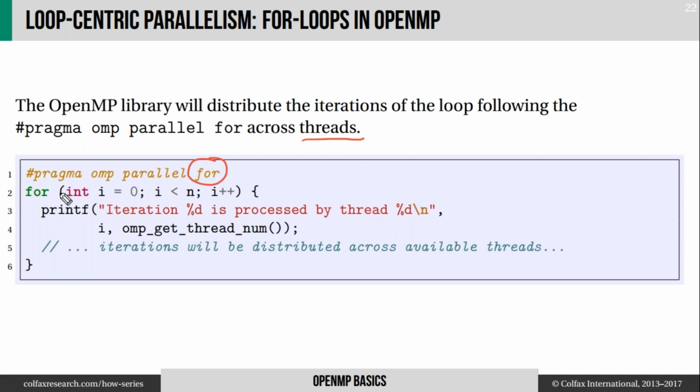So I have Pragma OMP parallel for, immediately after it is a for statement, and then different values of I will go to different threads. No value of I will be processed twice, and never the same value of I will be assigned to different threads. And no more than one thread per iteration.